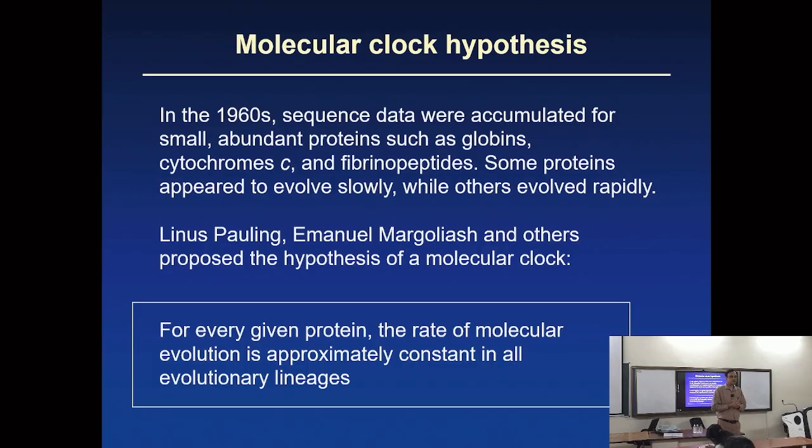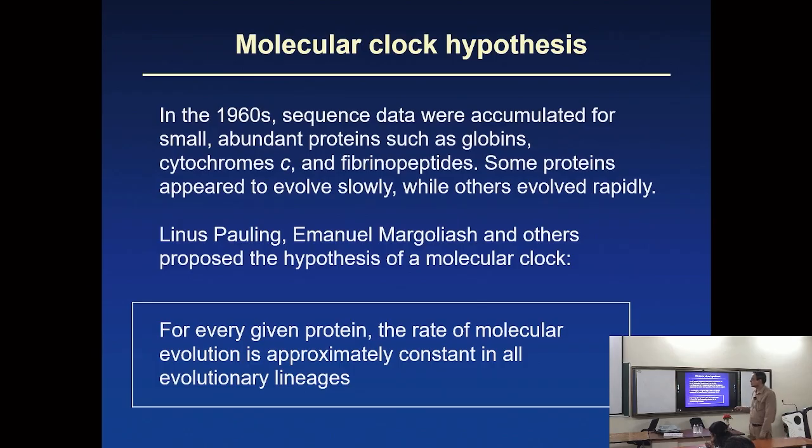They observed this when they were analyzing protein sequences. By that time, there were dozens or hundreds of sequences, and they considered small abundant proteins such as globins, cytochrome C, and fibrinopeptides.